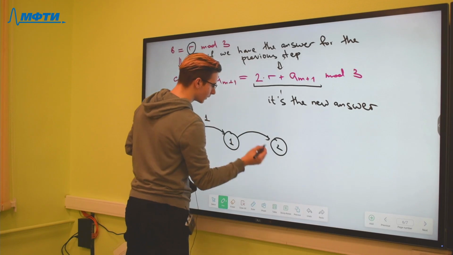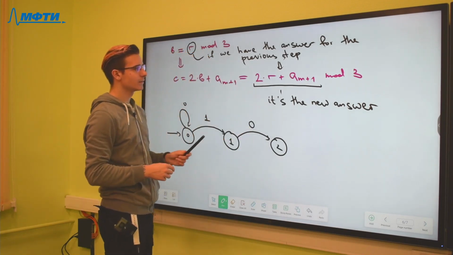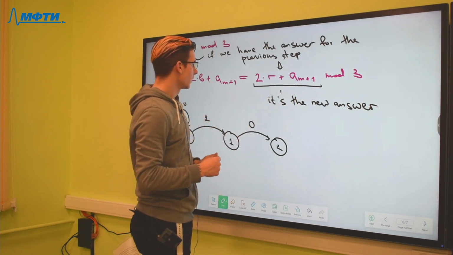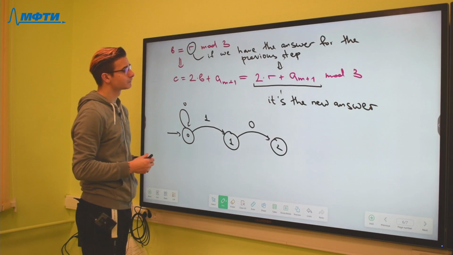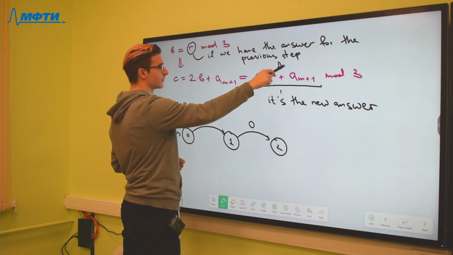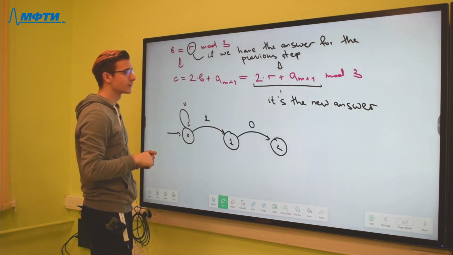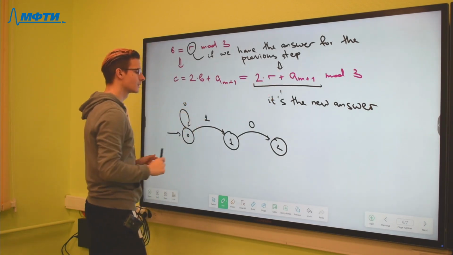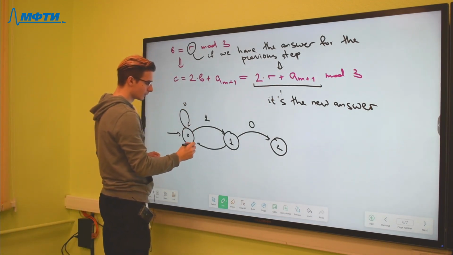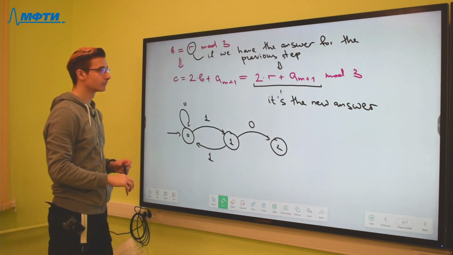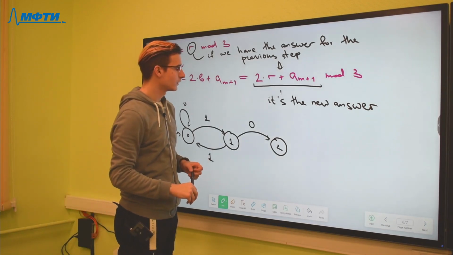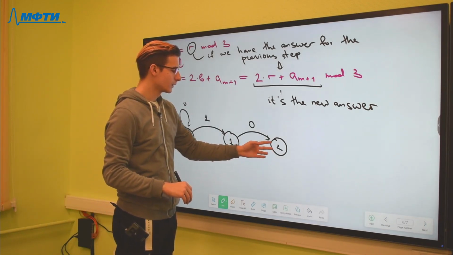But if we find a new number equal to 1, then the new residue will be equal to 1 plus 2, which is equal to 0.